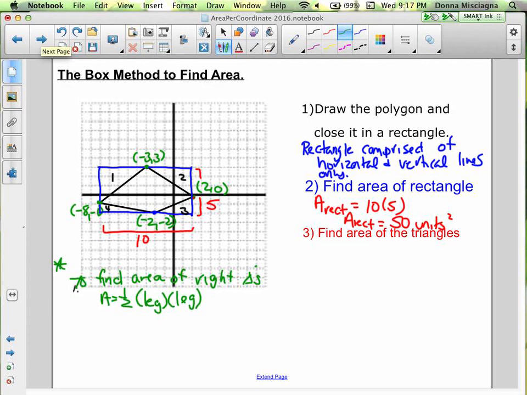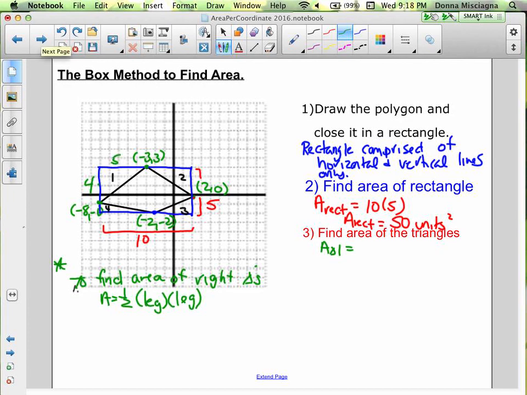All right, so we've got area of triangle 1. I labeled that triangle 1 there. From here, 1, 2, 3, 4, and then coming across here, 1, 2, 3, 4, 5.